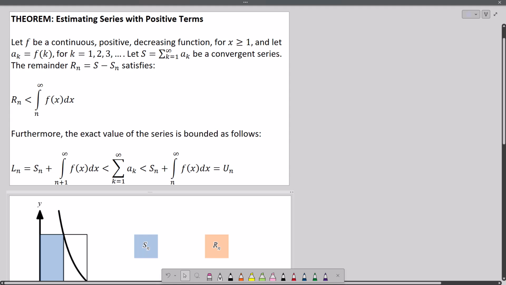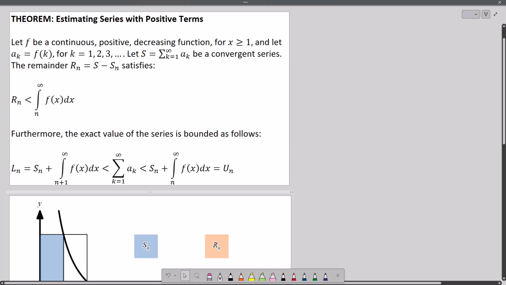The leading terms give you S sub n, and we're going to call the rest of it R sub n. So if you have S sub 3, you've added the first 3 terms, and R sub 3 would be the rest: terms 4, 5, 6, etc., added together. As the number of terms of S sub n increases, the number of terms in R sub n decreases.